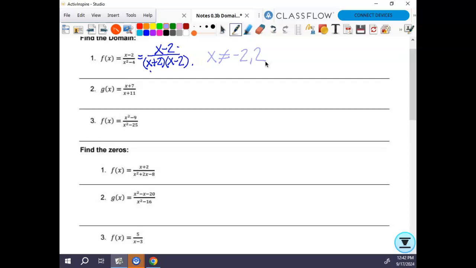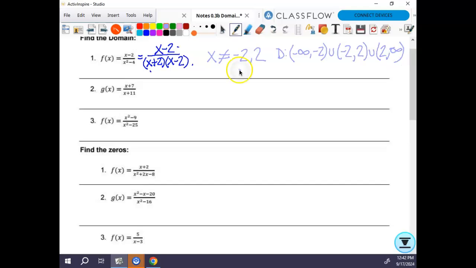So remember, the only thing that affects my domain right now is vertical asymptotes and holes. And I got one of each right there. And then everything else exists. So from this, I can write my domain and say I'm going to go from -∞ to -2. And then I jump over -2, start back up there, go to 2. I got to jump over that guy. And then I'm going from 2 to infinity.